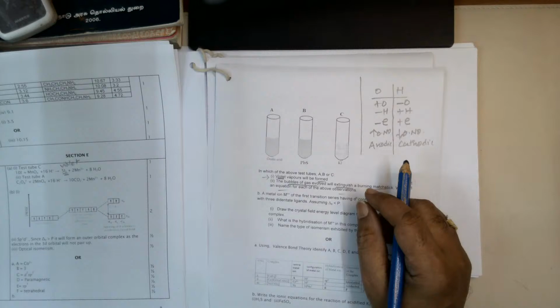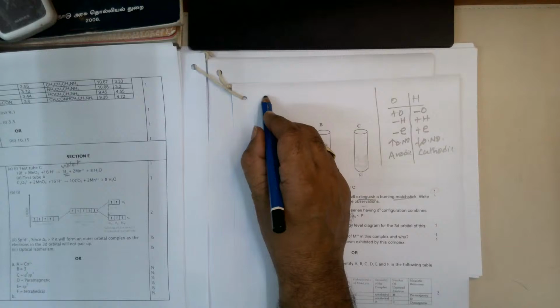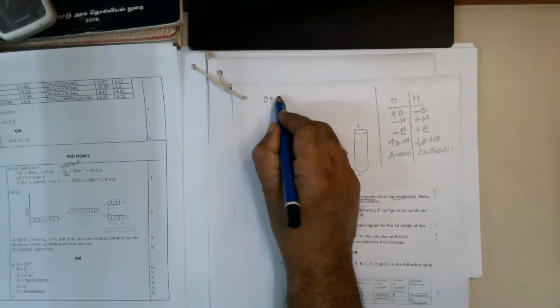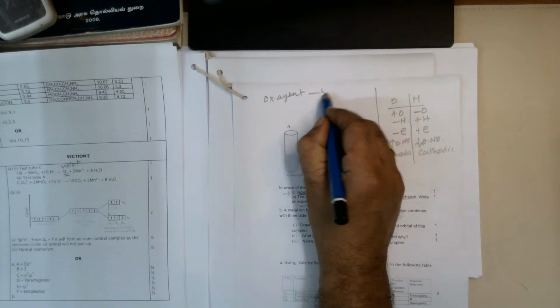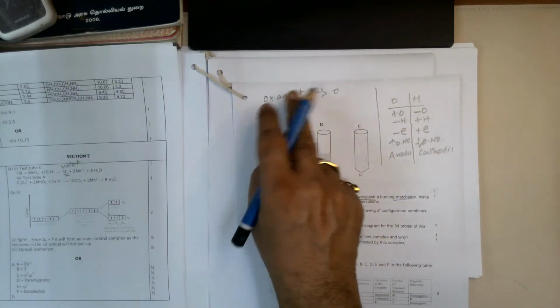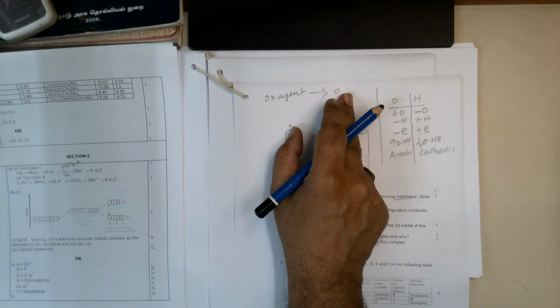Now, see, what is an oxidizing agent? That which supplies oxygen, but it undergoes reduction. Okay, so you have to be thorough with this also. Take down: an oxidizing agent actually supplies oxygen. So when it supplies oxygen, what does it mean? It gives out oxygen. Do you understand?